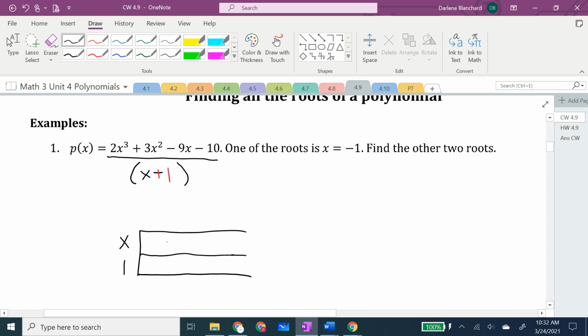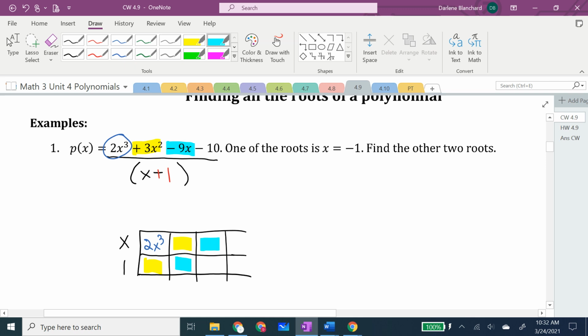All right, I am supposed to be getting in the interior boxes first a 2x cubed, and then my 3x squared is what I'm going to get between those 2 boxes added together. My negative 9x, I will get with these 2 boxes together.